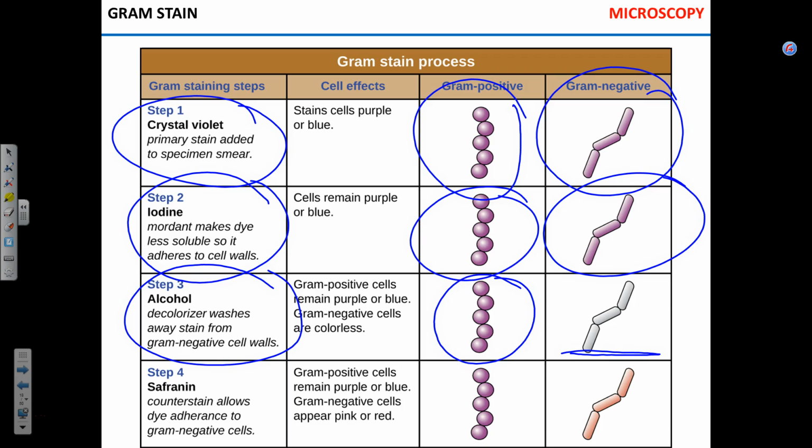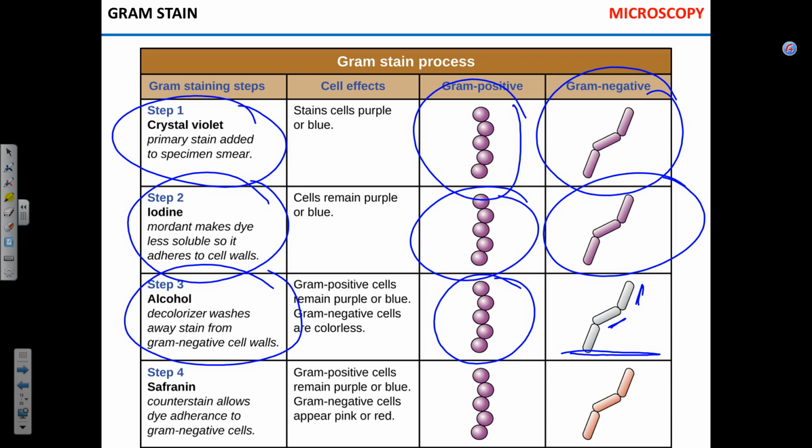So alcohol will not be able to wash away crystal violet from gram-positive cells. They will remain blue. But it will wash away crystal violet from gram-negatives. So they will become decolorized. They will lose color. Alright?